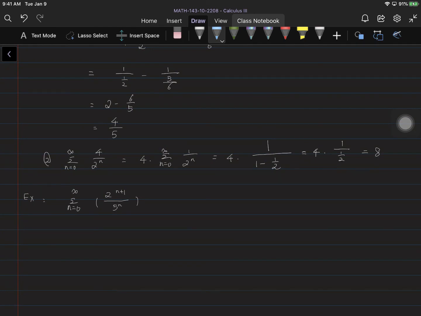You can look at this problem. It's not geometric as written, but we can simplify. How to simplify? 2 to the n plus 1 power, we can change this into 2 times 2 to the n power, right? And now we can take the 2 to the front, by the constant multiple rule.